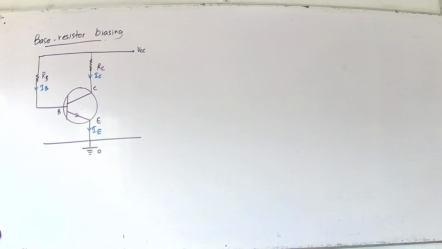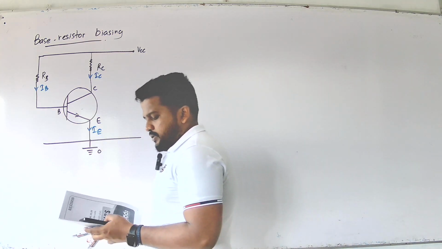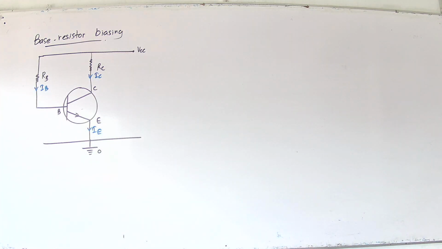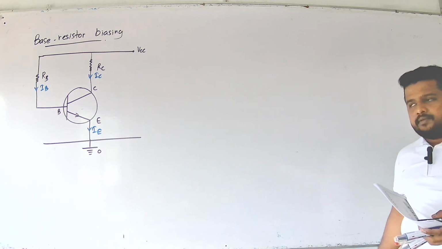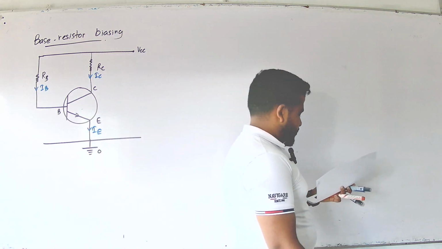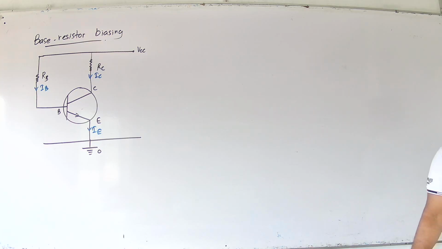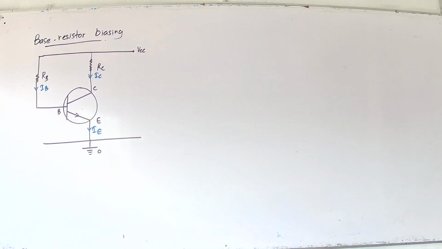In this method, the supply voltage terminal is connected to the base through a resistor known as the base resistor.